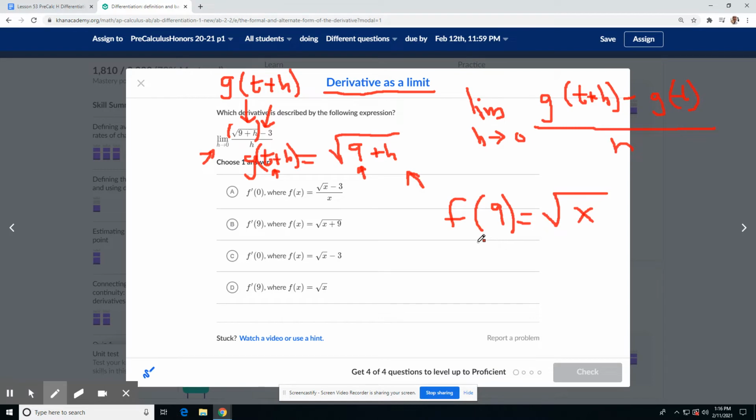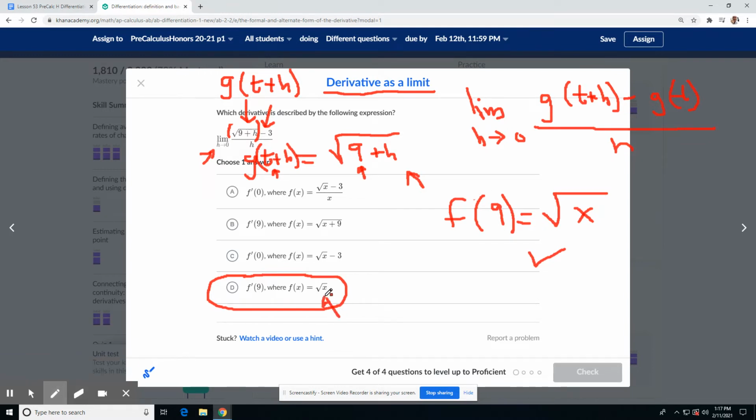And then we can always link together and make sure and confirm it. So notice that we have a g sub t right here. So if I plugged in 9 into this function, do I get 3 out? And yes, we do. So that just helps to confirm that's our answer. So in this case, we're talking about our function right here.